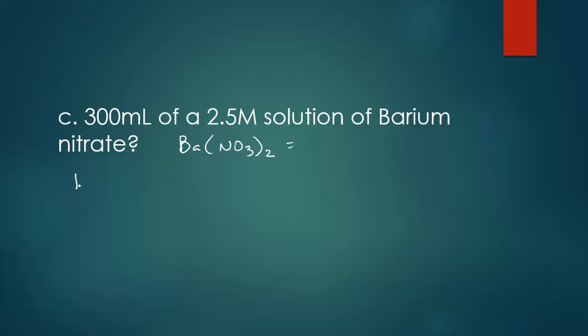This is as easy as 1, 2, 3: plus, multiply, multiply. Plus what? Plus the formula mass. So 137.3 or 137.1? What is barium? 137.3.